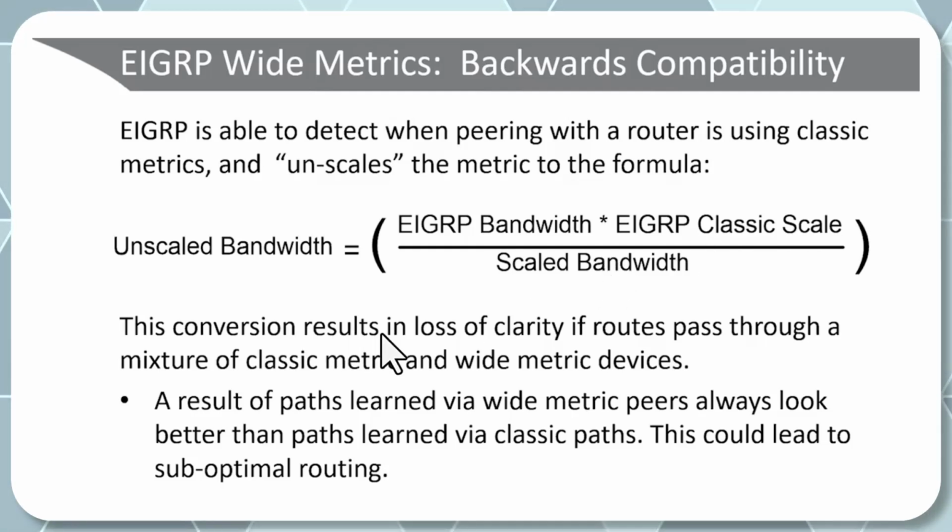This conversion results in the loss of clarity of routes passed through a mixture of classic metric and wide metric devices. As a result, a path learned via a wide metric peer always looks better than a path learned via a classic path. This could lead to suboptimal routing. That's why always use the named one and just forget about the legacy one.